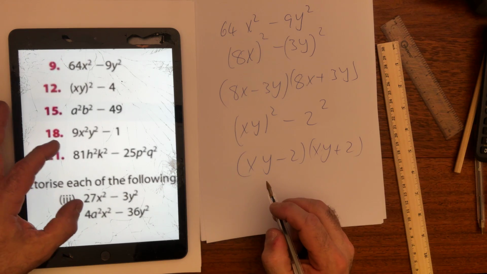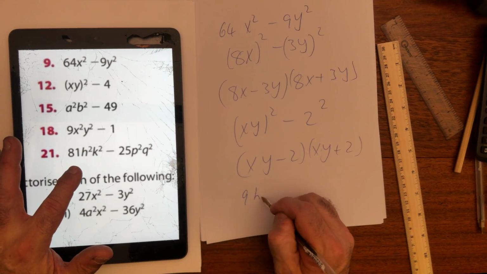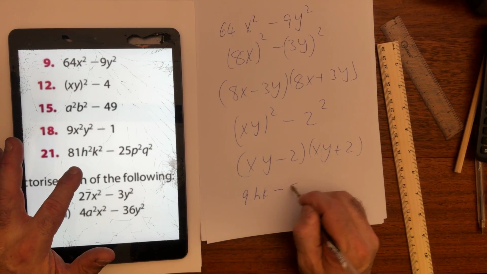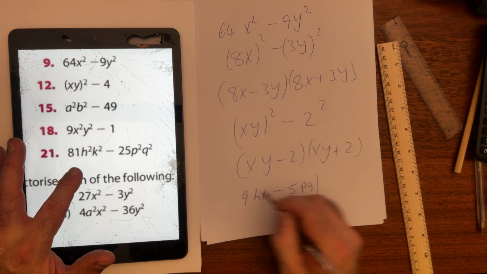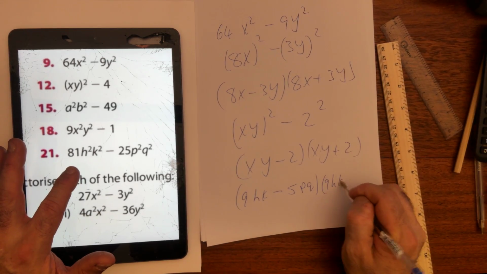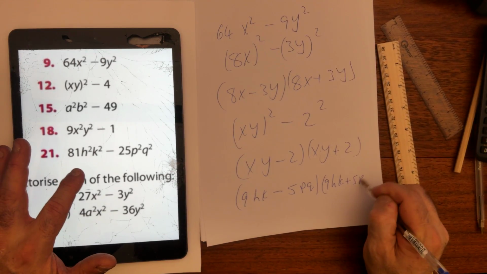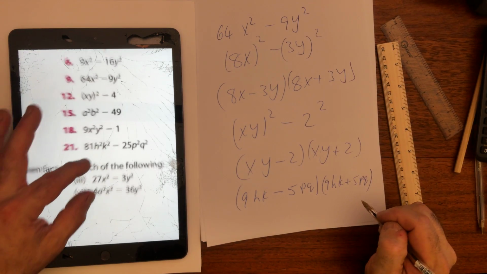Okay, I'll just write down answers now. This will be (9hk minus 5pq) by (9hk plus 5pq).